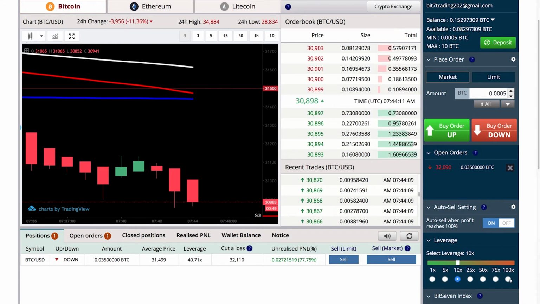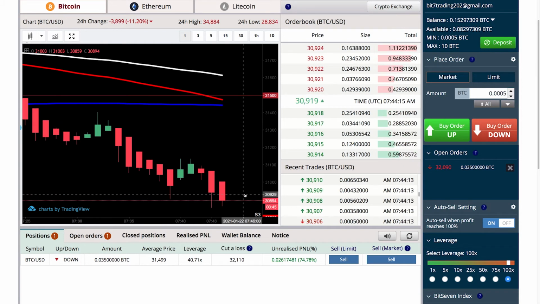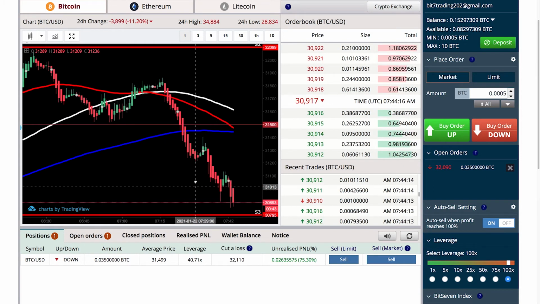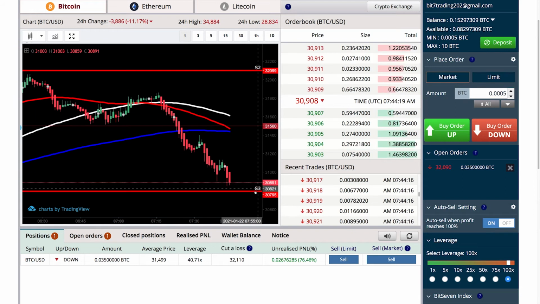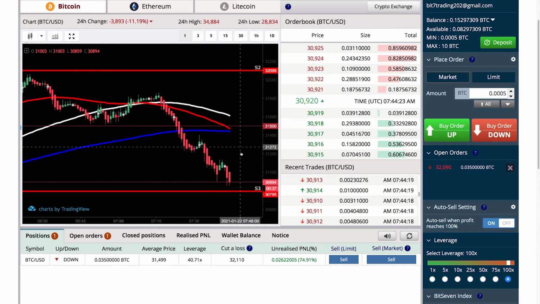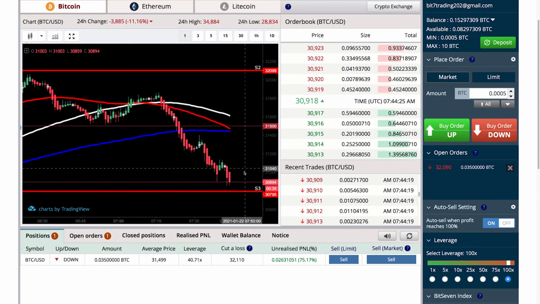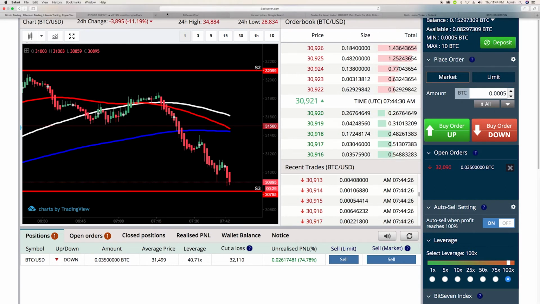Today, I'm turning it off because I'm going to teach you how to throttle into this thing, okay? So what we're going to do is, as we approach 100% profit on our position, we're going to keep throttling in and raising our leverage and raising the amount of money that we put into this trade by 0.005 at 100x, okay?